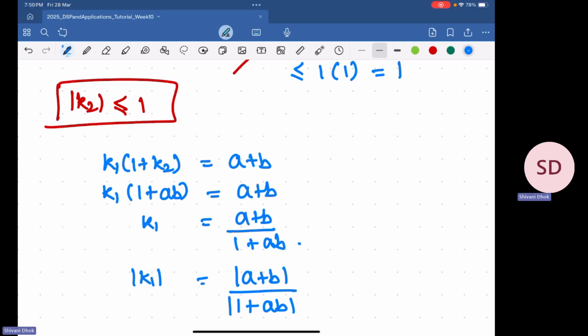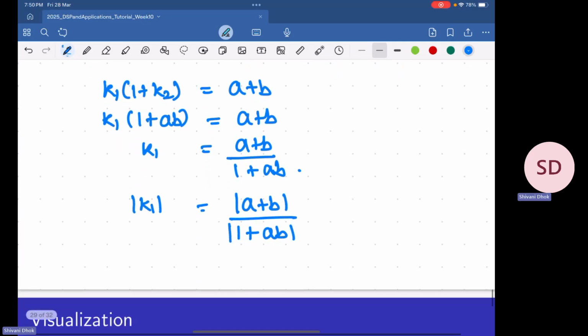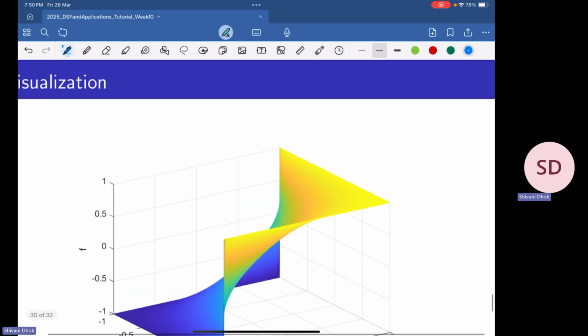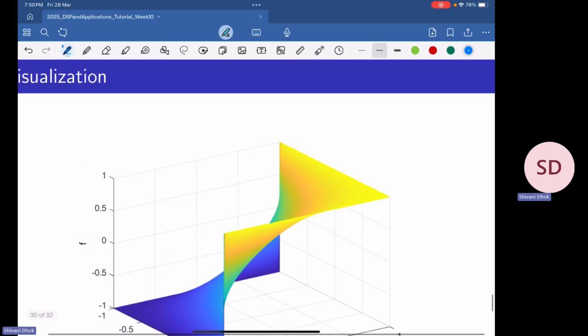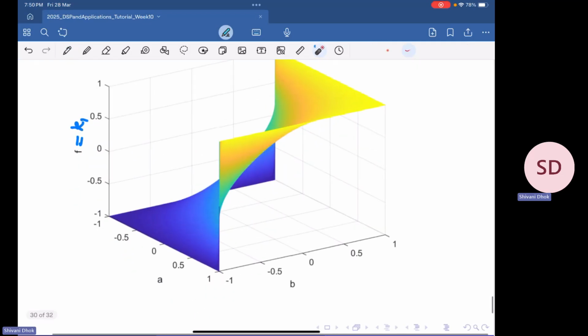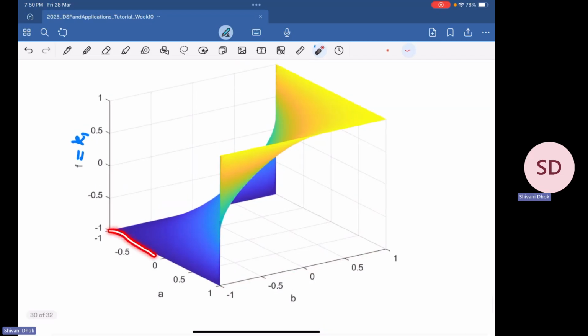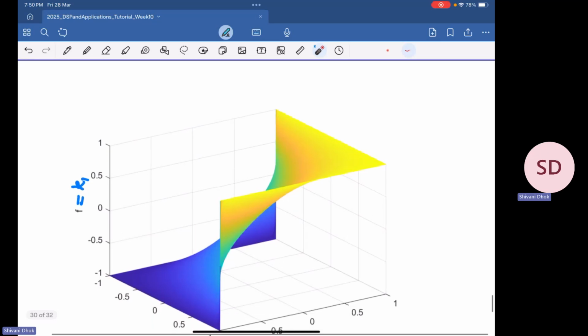Now it's difficult to figure out in this fashion, so what we will do, I just try to plot it. So what have I plotted? I have plotted this F, which is basically my k1, as a function of a and b, and if you observe, the minimum value that it can take is -1 and the maximum value it can take is +1.